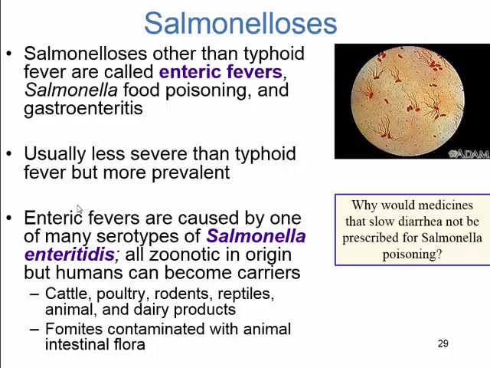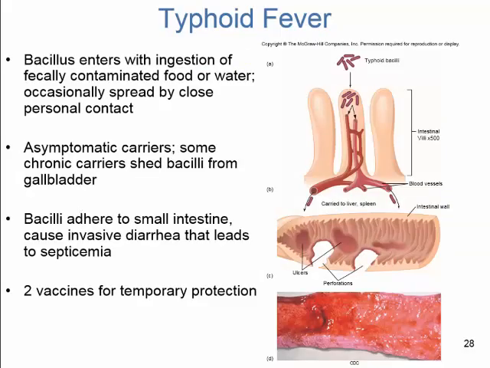They cause pretty much basic food poisoning and gastroenteritis, versus typhoid fever, which is causing septicemia and a much more invasive diarrhea. You can see here the perforations and actual breakthrough of the membrane of the intestinal tract, and you can see this swollen and pretty nastily damaged intestinal wall.